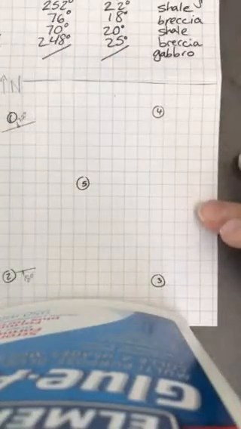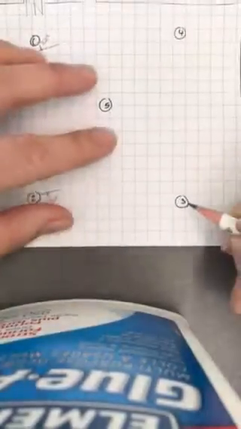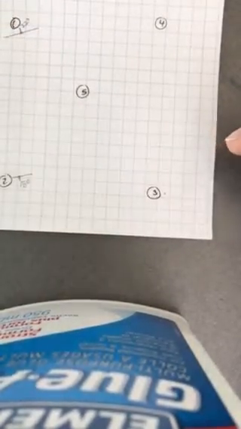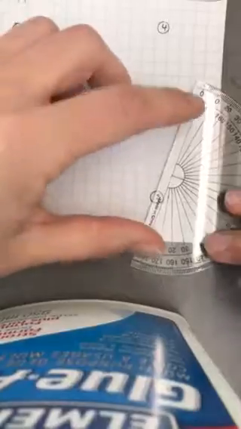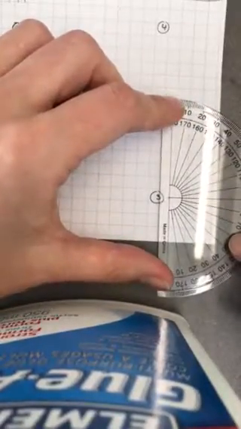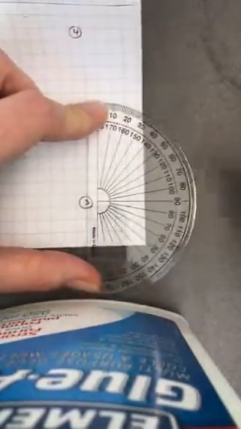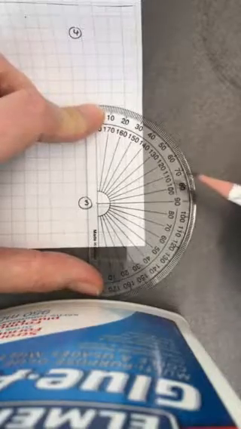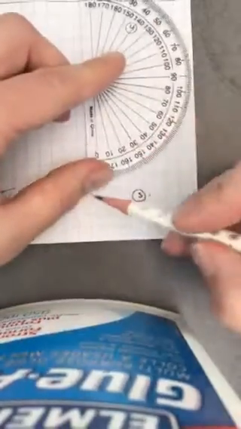Site 3, dipping 70. Do our starting point, that's probably going to come off the page. Make a new dot so that I can actually put it on the page.